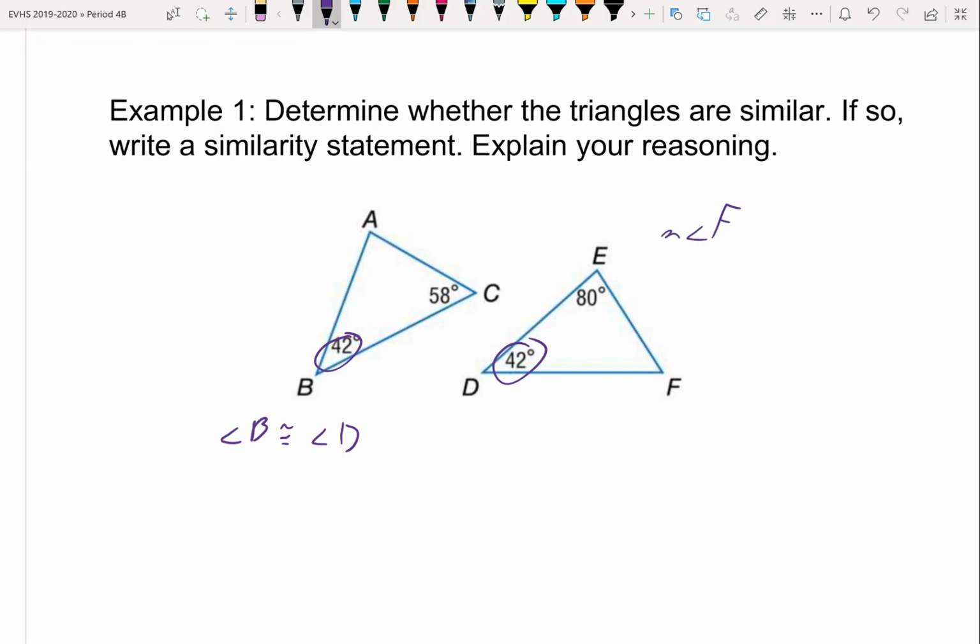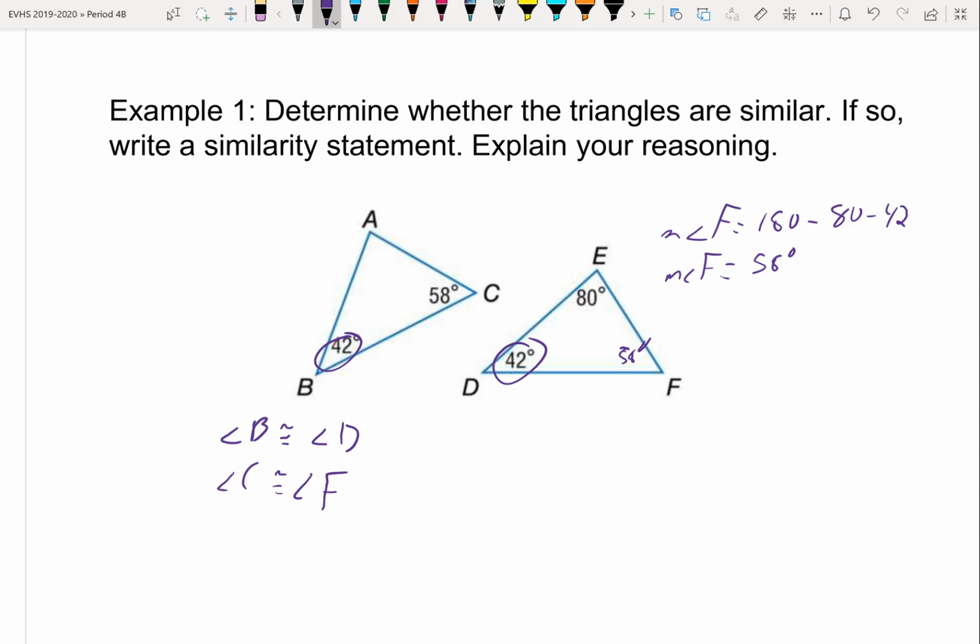Angle F is equal to 180 minus 80 minus 42. 180 minus 80 is 100, minus 42 is 58 degrees. Now that tells me that angle C is congruent to angle F.